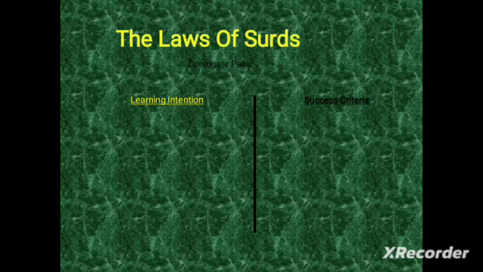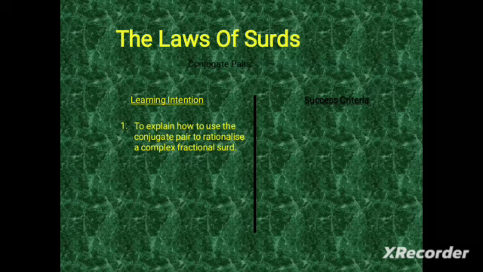Now, laws of surds. I think this is now our last law on this topic, and it is on conjugate pairs. We are going to explain how to use the conjugate pair to rationalize a complex fractional surd.